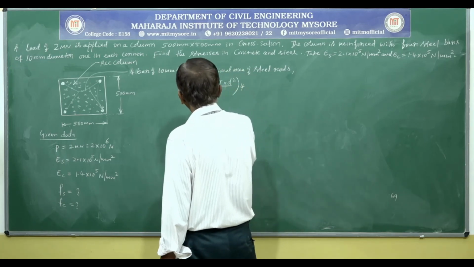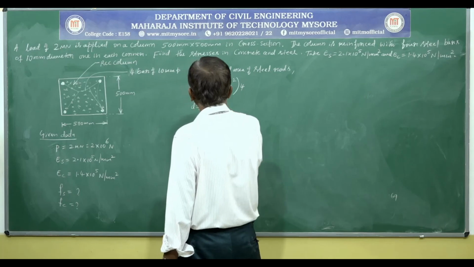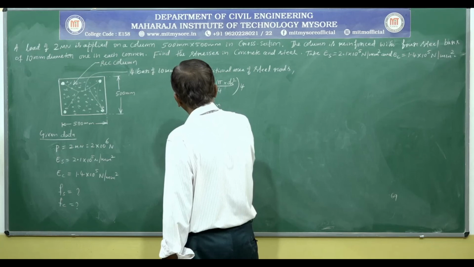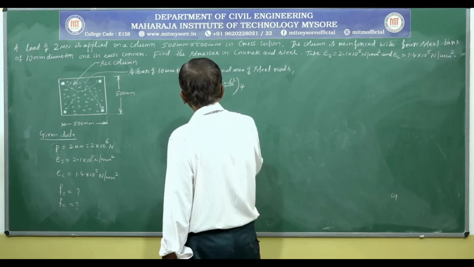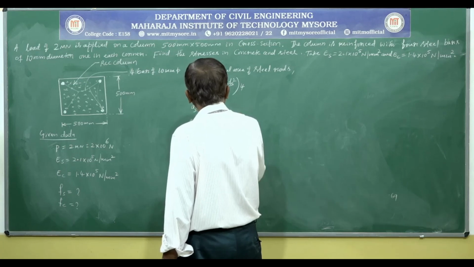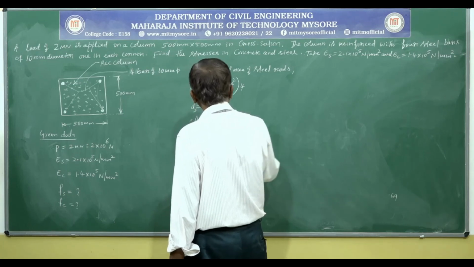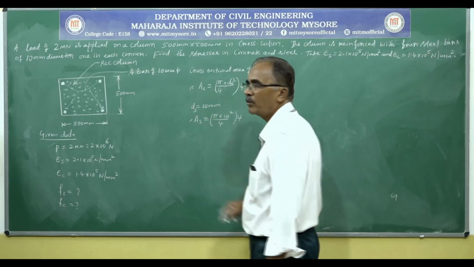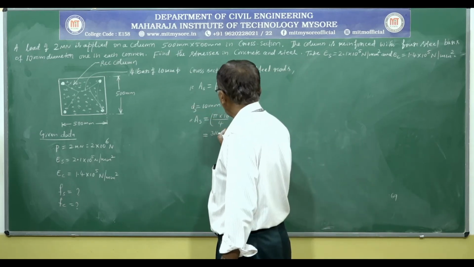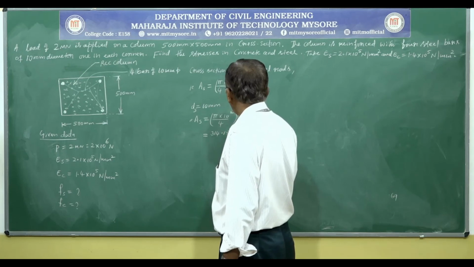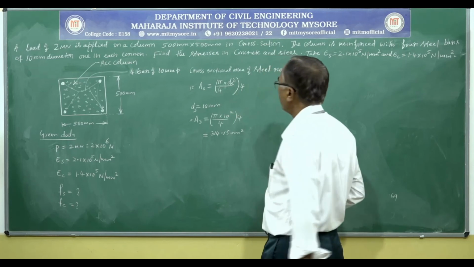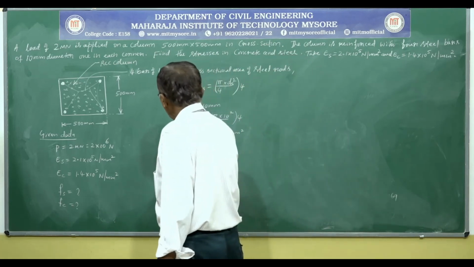Here the diameter of steel is equal to 10 millimeter. That is, As is equal to pi into 10 square divided by 4 into 4. This 4 is because there are 4 bars. That is equal to 314.15 millimeter square.